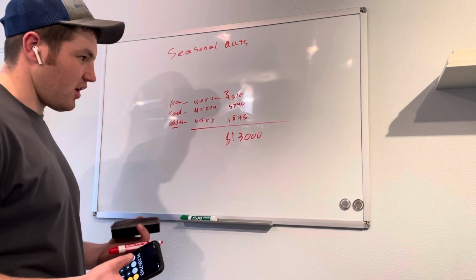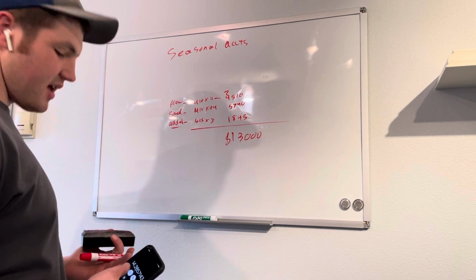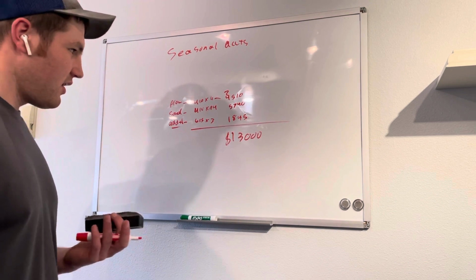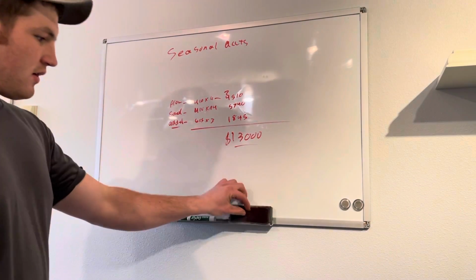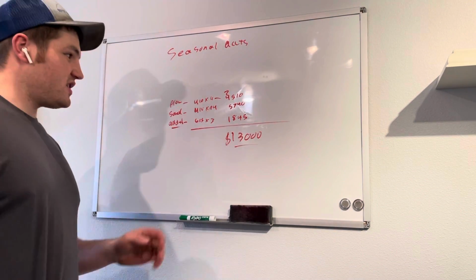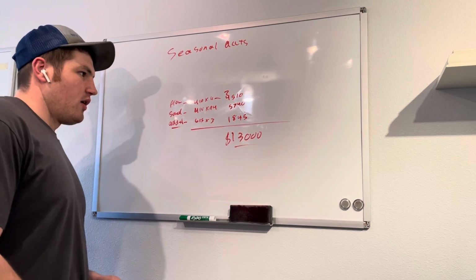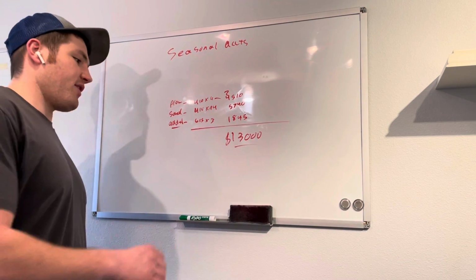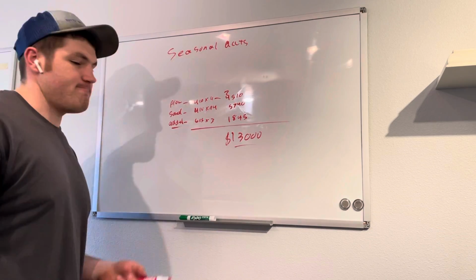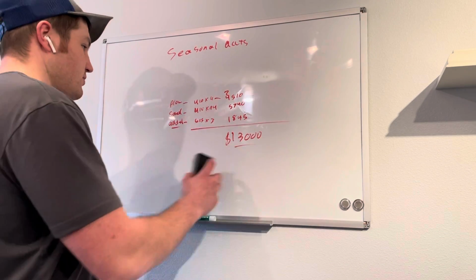You can have $14 per time. That's really not that much money. You're not going to lose on $13,000, okay? That's really all there is to it for these seasonals. Again, adjust these numbers however you want. This is the basic math for how we come up with it. And really, that's all there is to it.